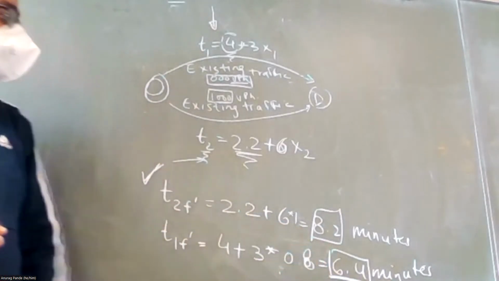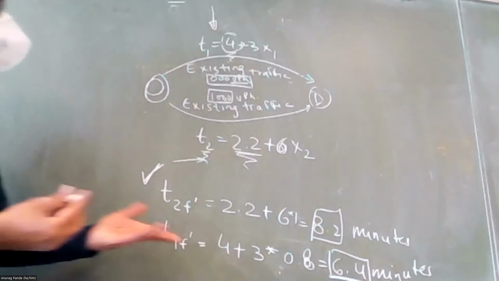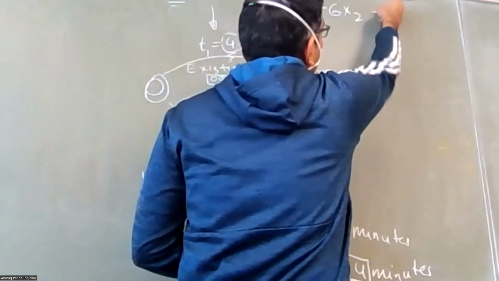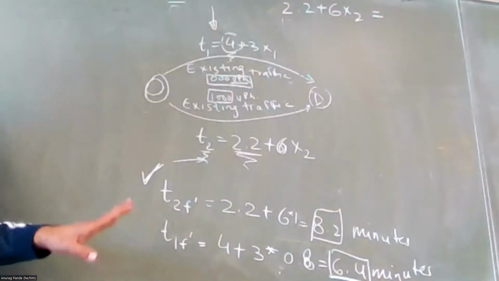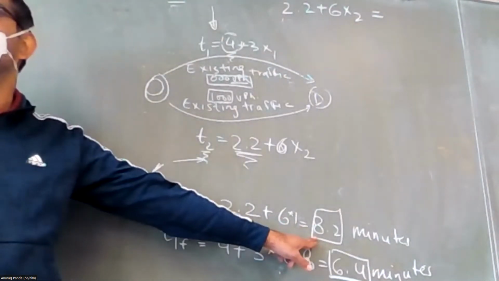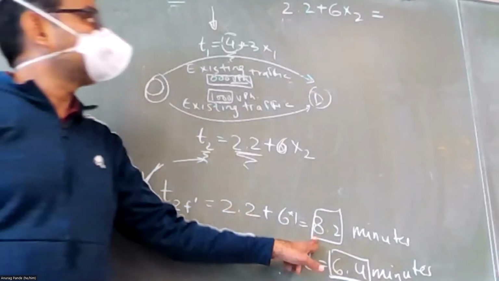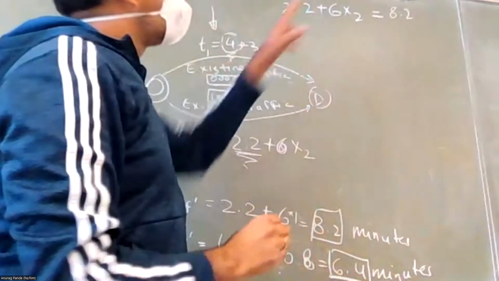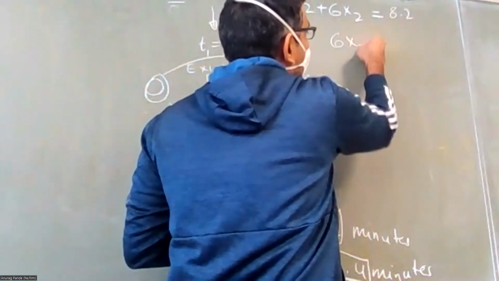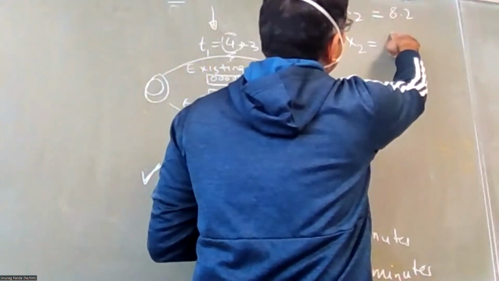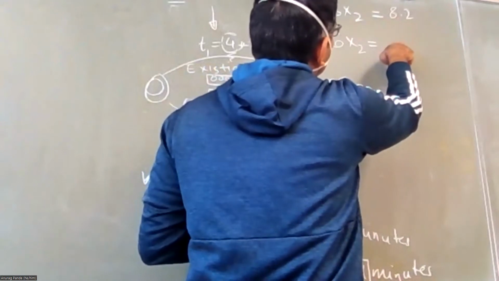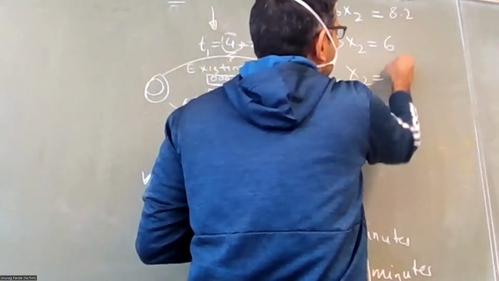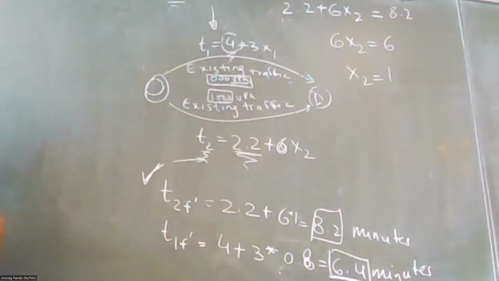So what has to happen? 2.2 plus 6x2 has to become 8.2. Solving for this, 6x2 equals 8.2 minus 2.2, which is 6. Then x2 equals 1.